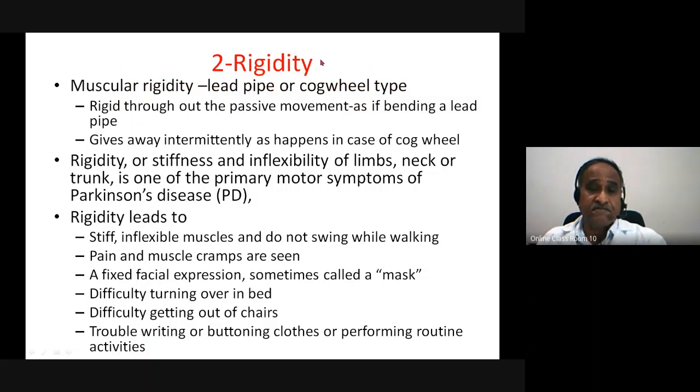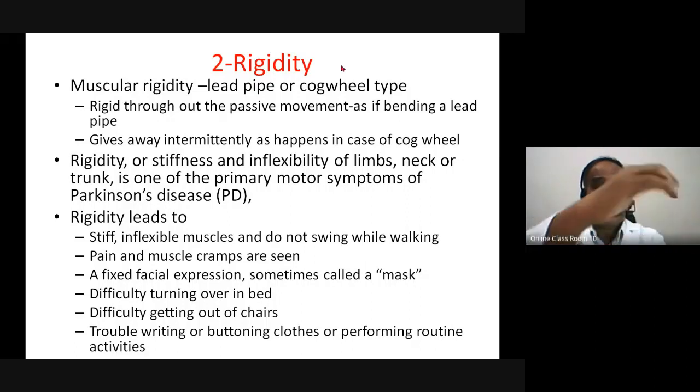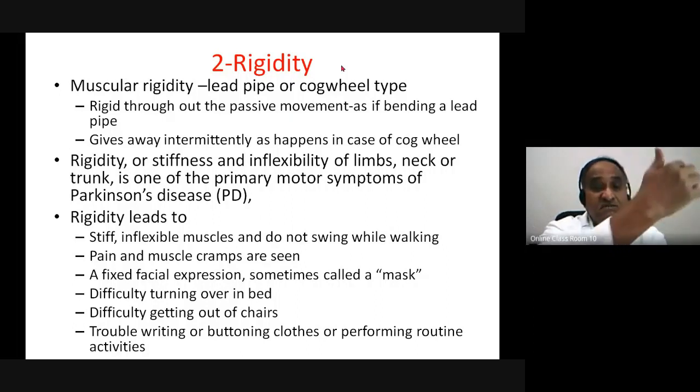Now, rigidity. In basal ganglia disorders, especially in Parkinson's disease, the muscles become very rigid and tight. The rigidity involves both agonist and antagonist groups of muscles. Here, the biceps and the triceps have both contracted, so the limb is like a pipe.